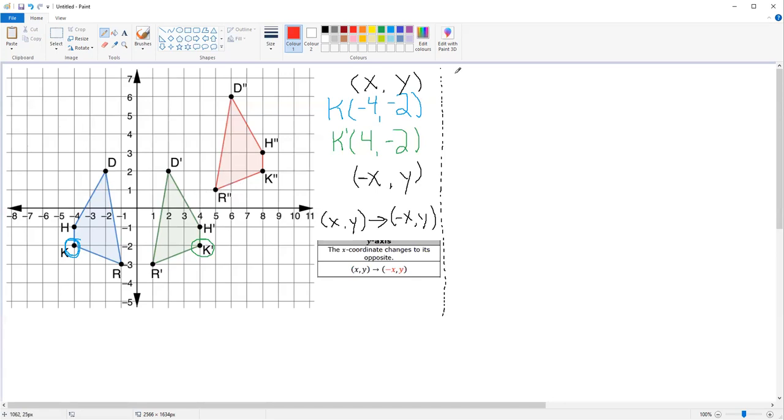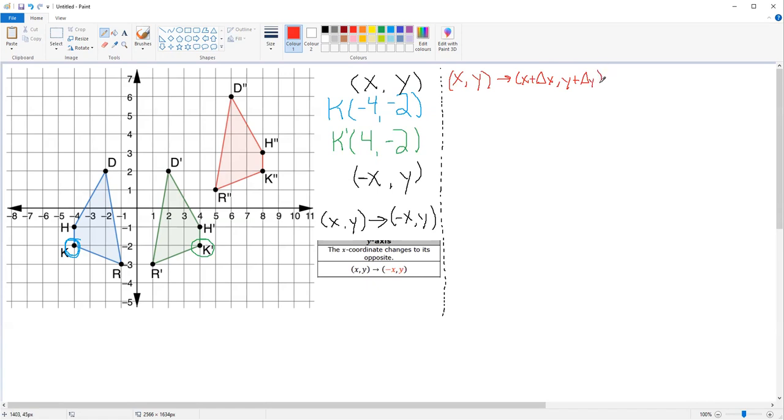So the algebraic description for a translation, if you recall, is x comma y yields x plus delta x, and that plus can become negative, of course, comma y plus delta y.